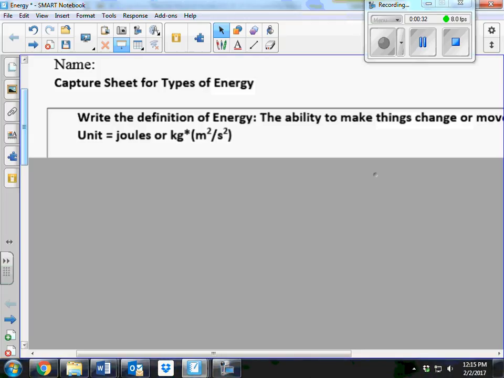And just like the Newton, the joule is a derived unit, which means it's made up of other basic units. So for example, as we're going to learn about, gravitational potential energy is mass times gravity times height. Mass is in kilograms, height is in meters, and acceleration is in meters per second squared.